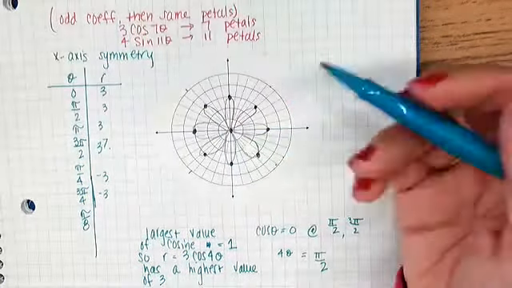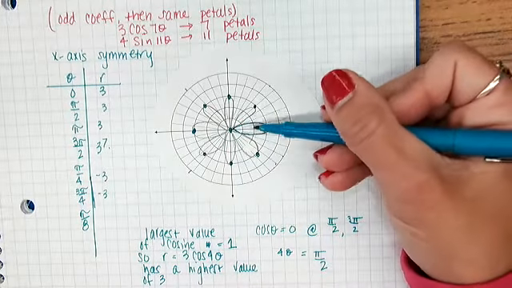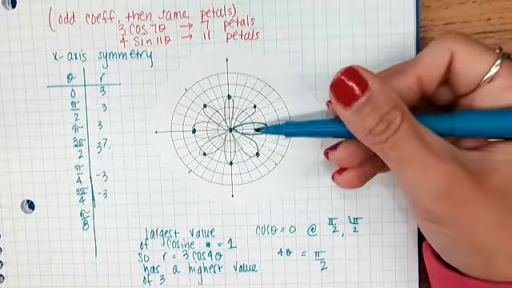Okay, so if I've got x-axis symmetry and one of the petals goes like such, that's a reflection over the x-axis.